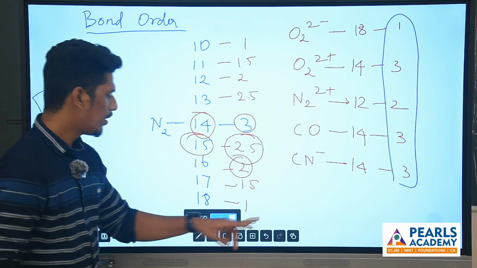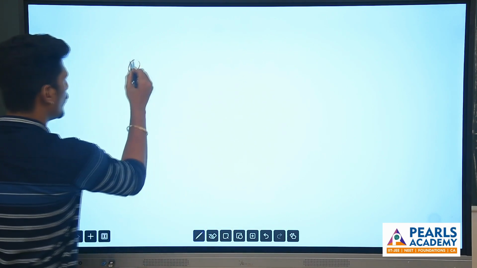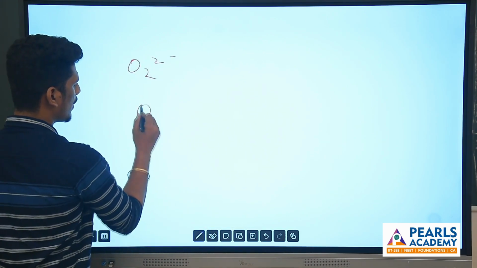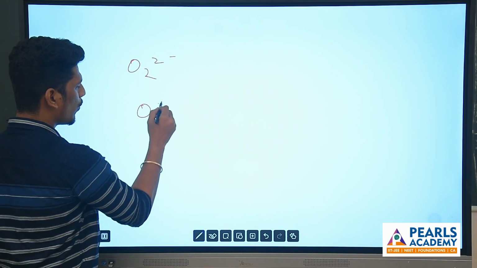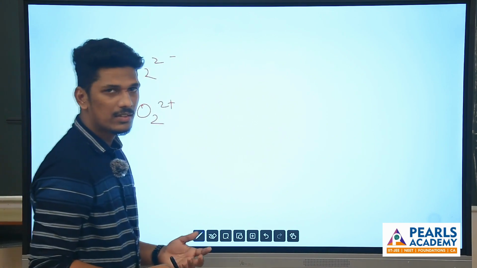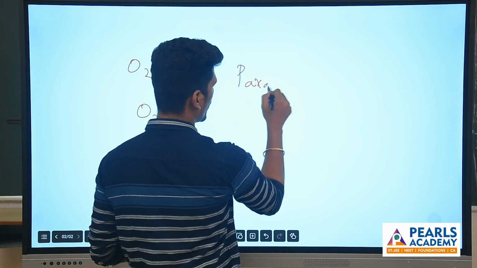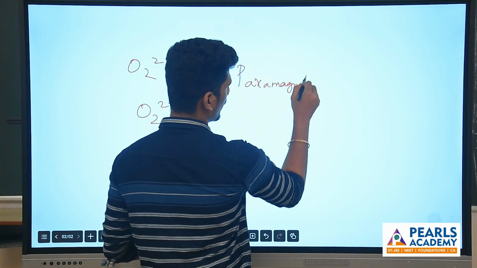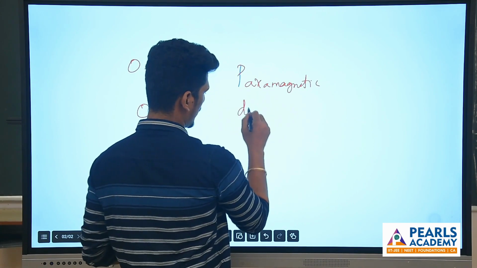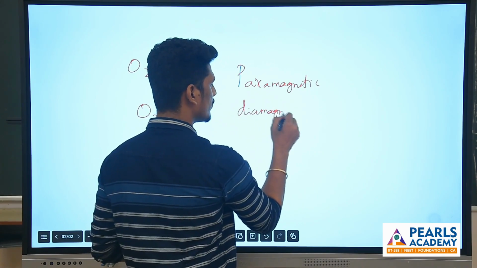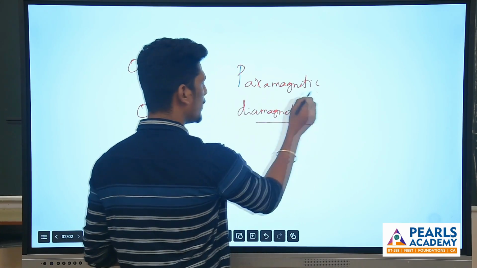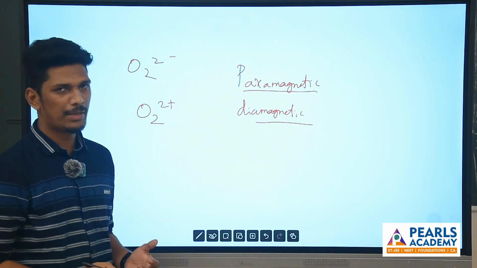They can ask you what is the magnetism of O2 2 minus, or what is the magnetism of O2 2 plus, like that they can ask. So we have two kinds of magnetism. One is paramagnetic, another one is diamagnetic. Either the molecule can be paramagnetic or it can be diamagnetic.